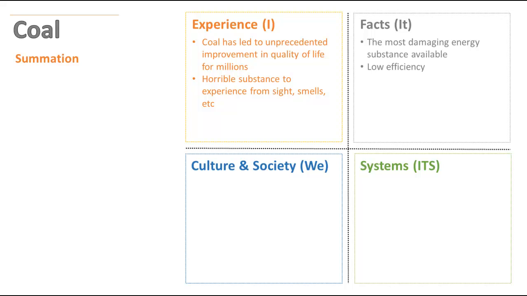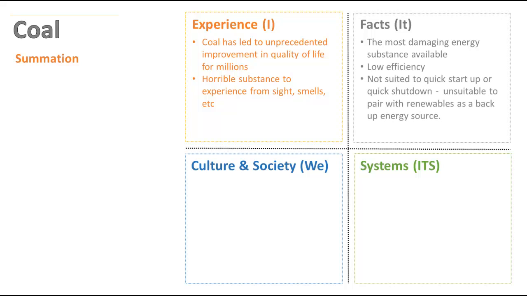It's very low efficient when it burns, and it's not suited well to quick startup and shut down. In other words, not good as a backup for renewable energy, which we'll talk about later in the next lecture. And particulate matter, PM 2.5, is particulate matter that's so small that it can get into your lungs and create widespread disease. And we're seeing that in China now with a dramatic rise in respiratory illness.